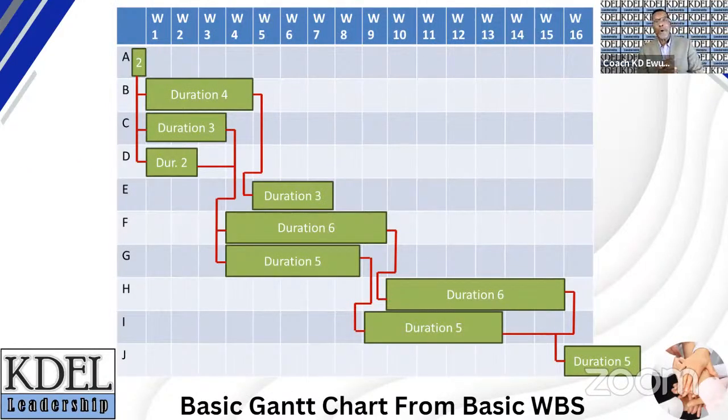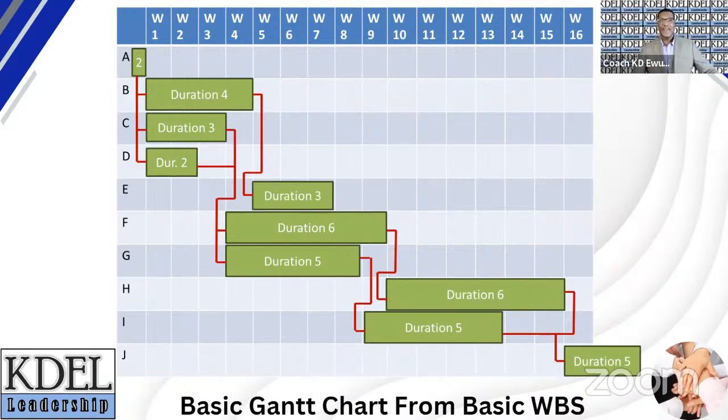Again, as most of you know, the Gantt chart is derived from the work breakdown structure. And it really is a horizontal histogram that shows the durations of each task and their relationships with each other, as depicted by the red links on this slide. A closer look at the chart reveals that activities B, C, and D cannot begin until activity A is completed.